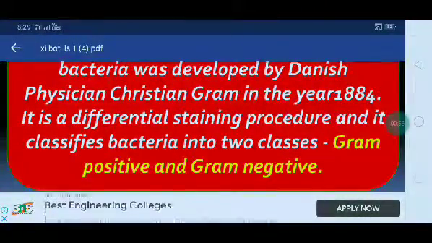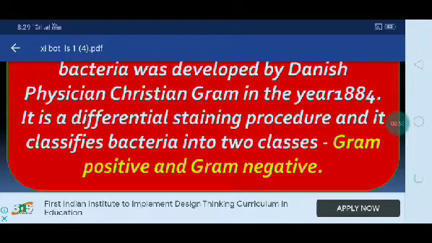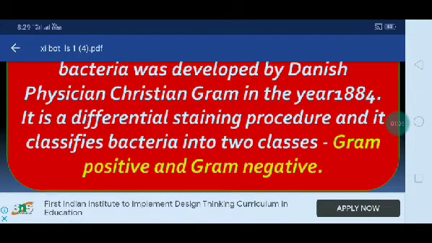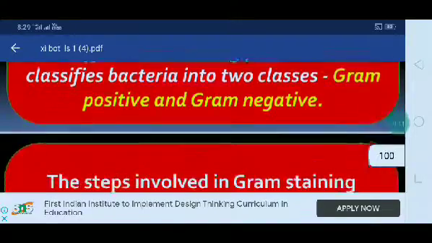It is a differential staining procedure and it classifies bacteria into two classes. What are they? Gram positive and Gram negative. In which way will it be called Gram positive or Gram negative?